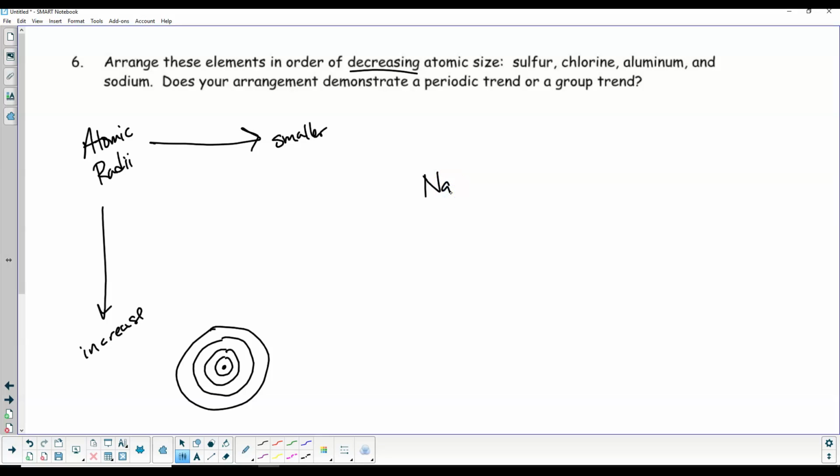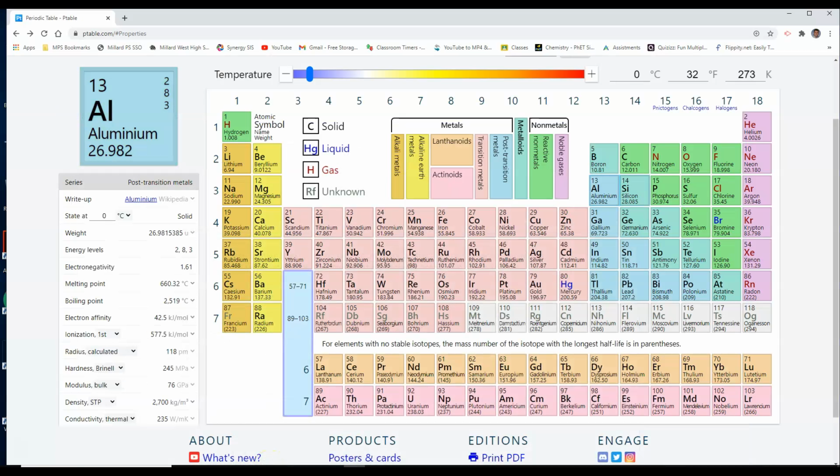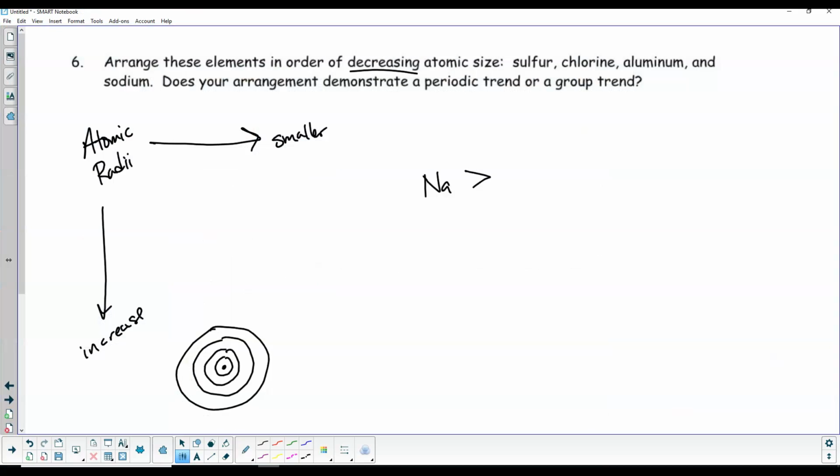Sodium is larger than the next one we ran into, aluminum, and then sulfur, and then chlorine. Chlorine is the smallest, so that's decreasing size. The biggest is sodium, going left to right, aluminum, sulfur, finally chlorine.